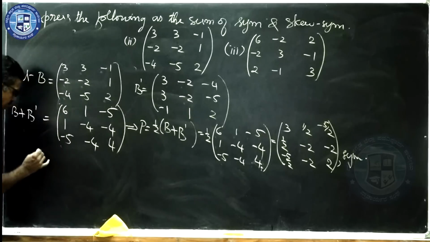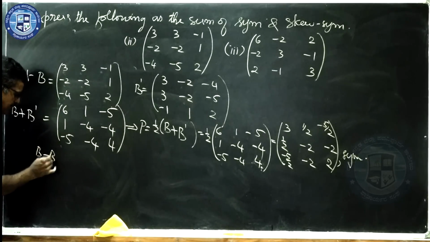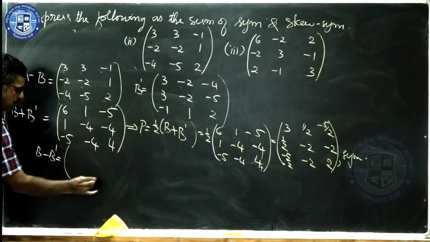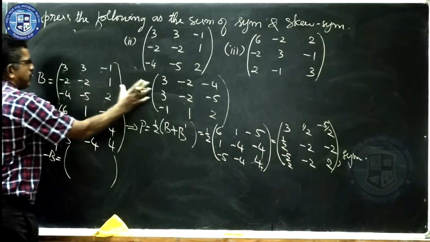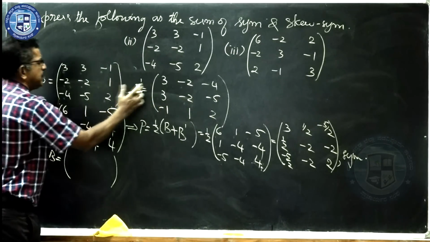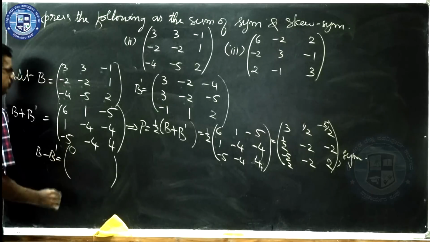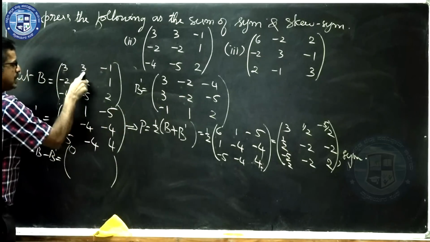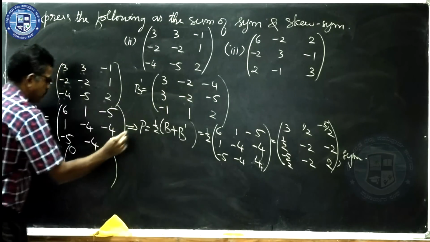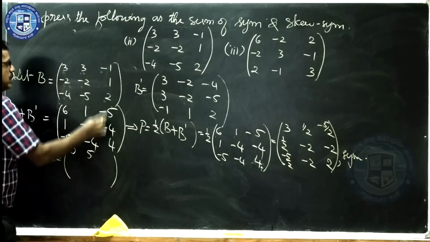Next, let me continue with B minus B dash. Take the same thing for reference now. What is 3 minus 3? 0. 3 minus of minus 2, it will be 5.